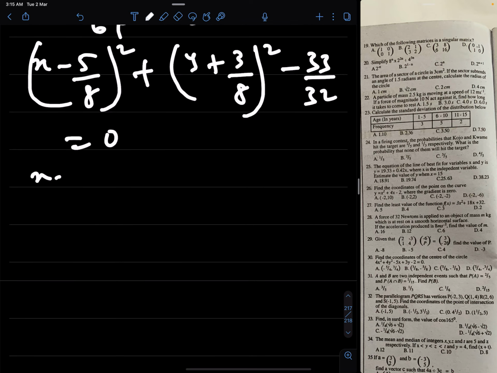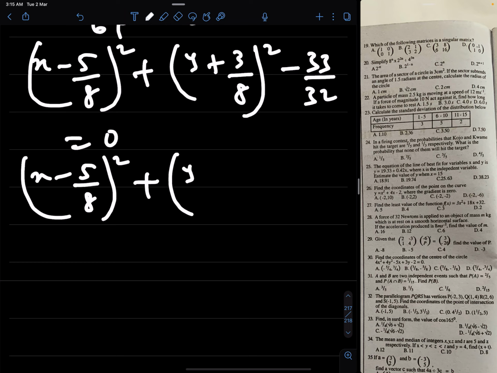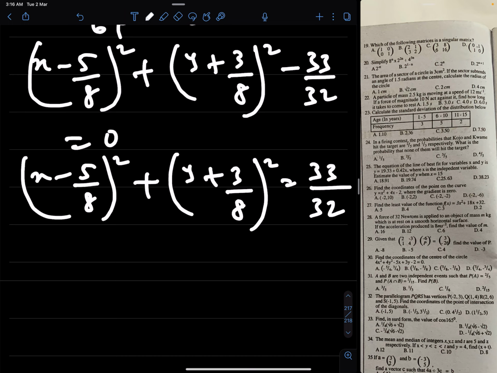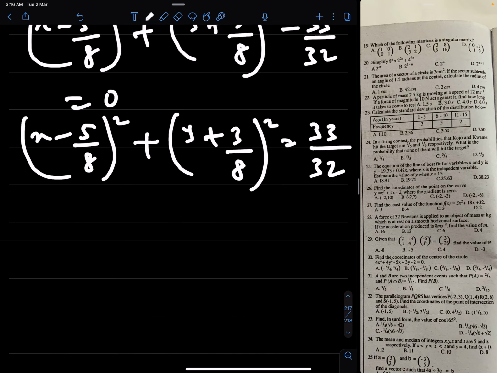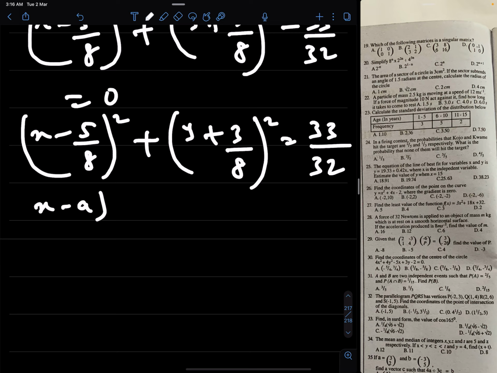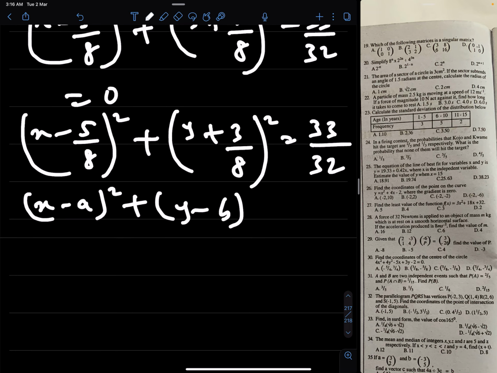So I can simply write everything as x minus 5 over 8 squared plus y plus 3 over 8 squared equals 33 over 32, moving minus 33 over 32 to the right hand side. And we know that the general equation of a circle with center (a, b) is given by x minus a all squared plus y minus b squared equals r squared.